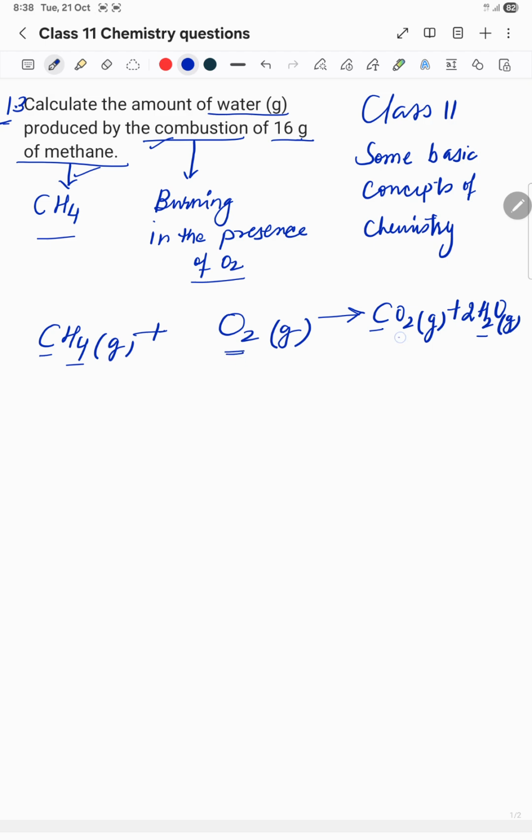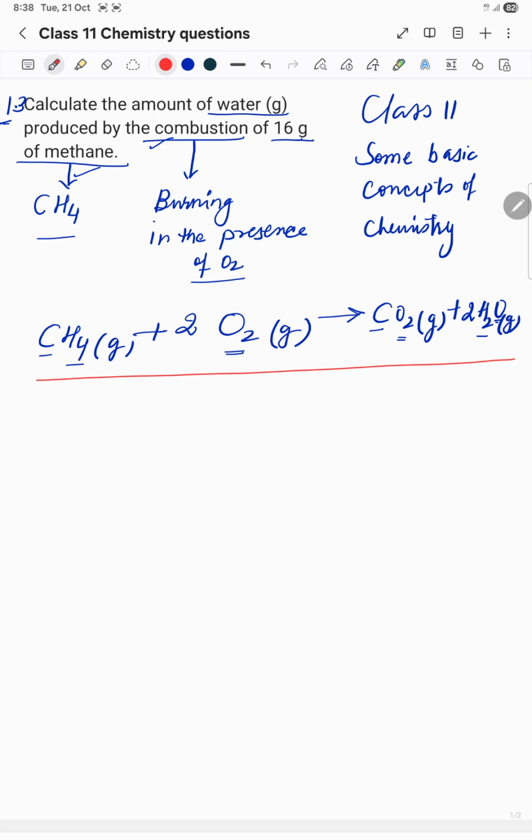And on the product side, there are 2 oxygens with carbon dioxide and 1 oxygen in each water, so there are a total of 4 oxygens on the product side. To balance out the oxygen, we will add 2 as a coefficient in front of oxygen gas. Now this is a balanced chemical equation.